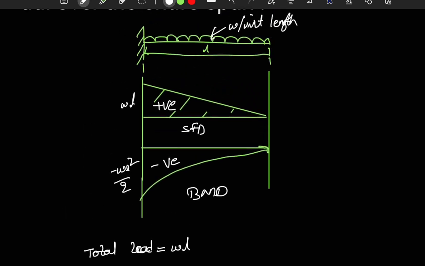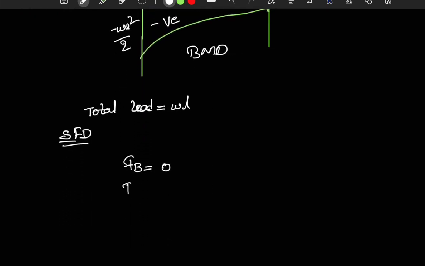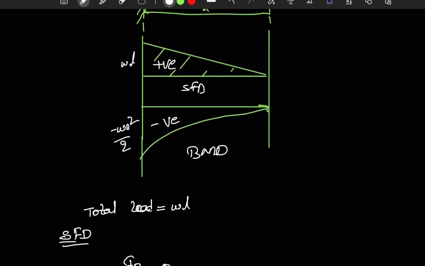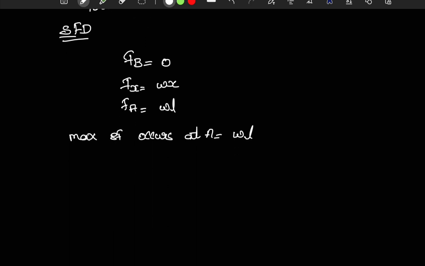Shear force at x is equal to Wx, and at A it is equal to WL. Maximum shear force occurs at A, equal to WL.